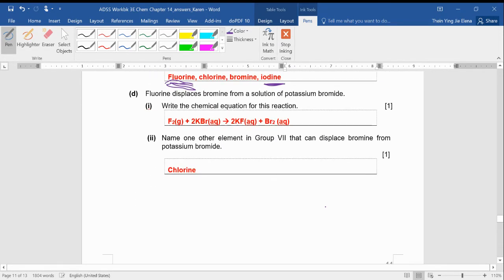Fluorine displaces bromine from a solution of potassium bromide. So we learned that the more reactive halogen can kick out a less reactive halogen from its salt.